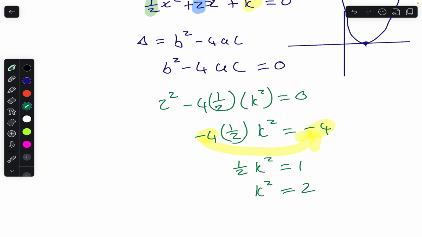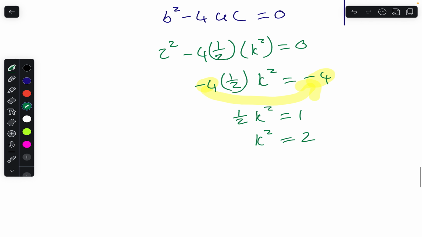Now I'm very close to solving my k value, and to solve this I will square root both sides. Once I've square rooted both sides, I can say that my k value is equal to square root 2. And now I have my value for the turning point on that function.